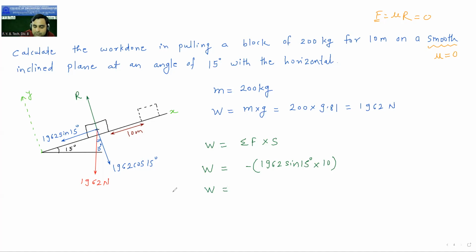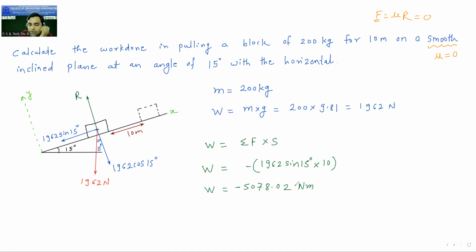What is the value? 5078.02 minus. It is Newton meter per second. Sorry, work done, it is Newton meter, correct.